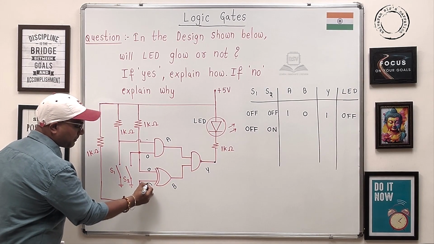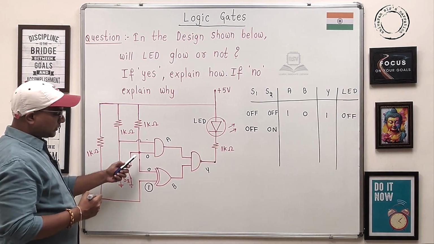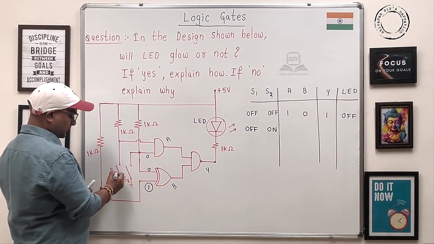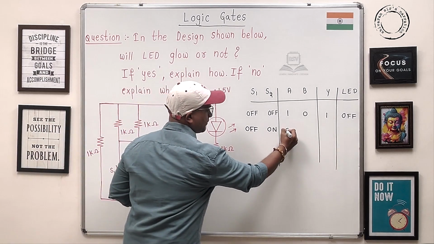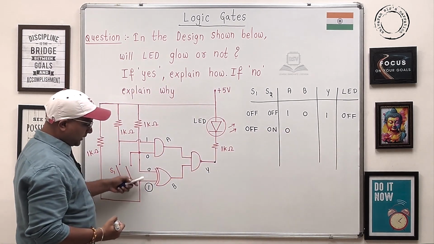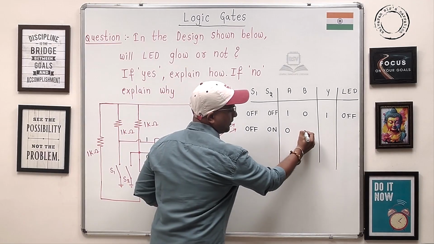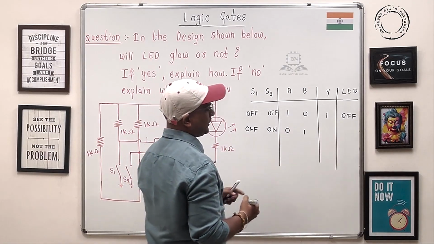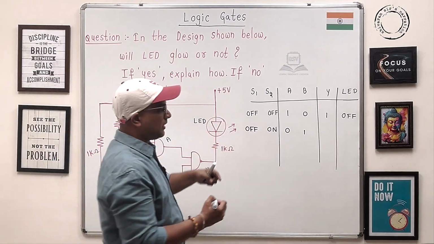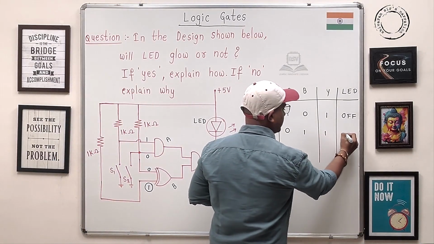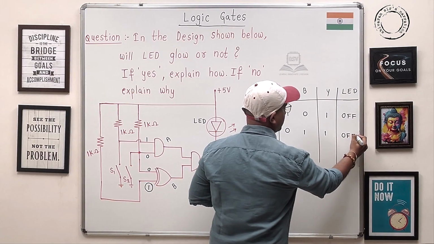So here this is 0, then it's a logic 1. 1 into 0 is 0, then 0 and 1 gives 1 for the XOR. Then for the NAND gate, 0 into 1 is 0, 0 bar is 1. If it is 1, the LED will be off only.